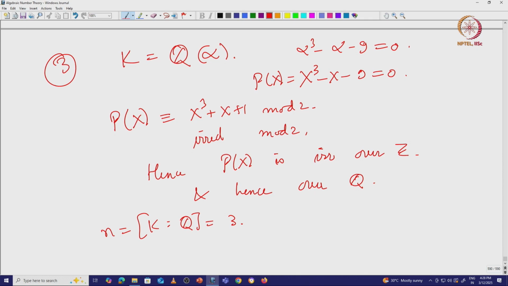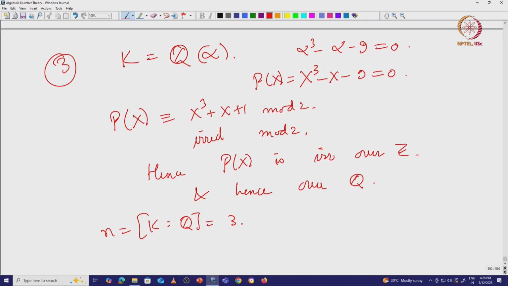Now, you can ask what are R1 and R2 in this case? So, how many real roots and how many non-real roots does this polynomial have? And how do you find out how many real roots and how many non-real roots this has?